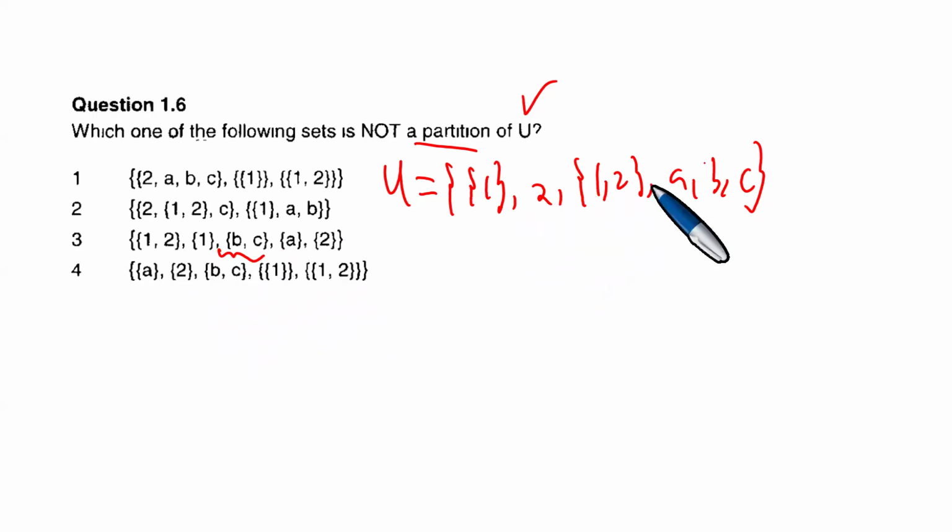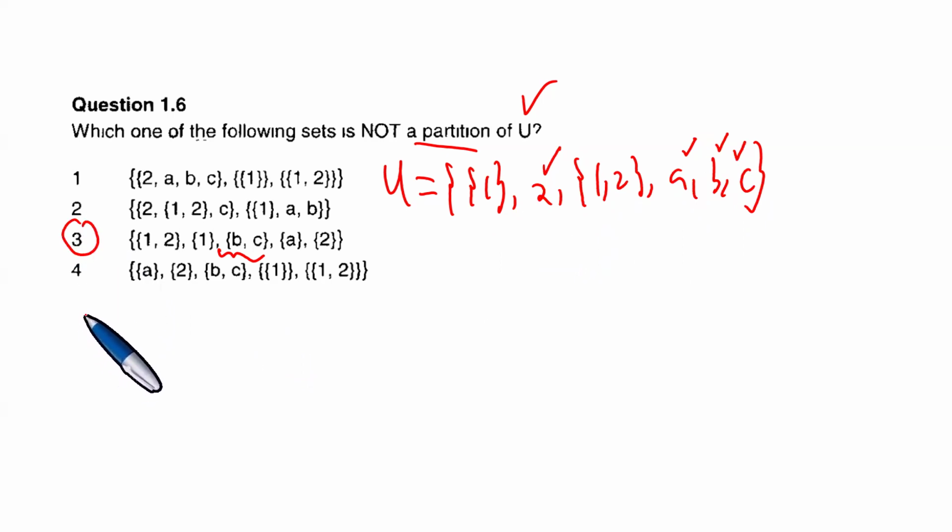Would it contain, for instance, the element C? Would it contain the element B? Would it contain the element A as it is? Would it contain the element 2 as well? As a consequence, it is very clear that the correct option here would be option 3.